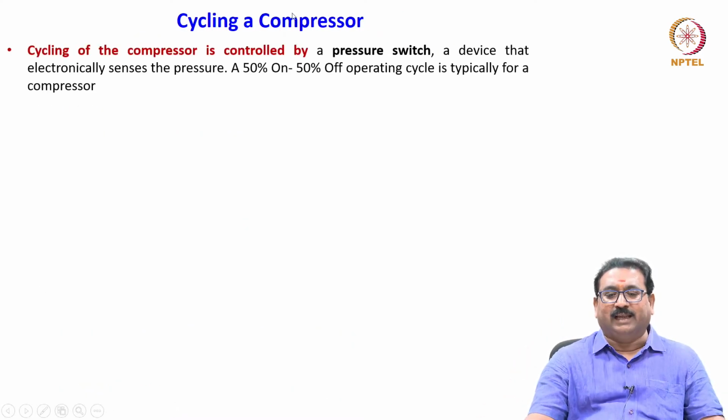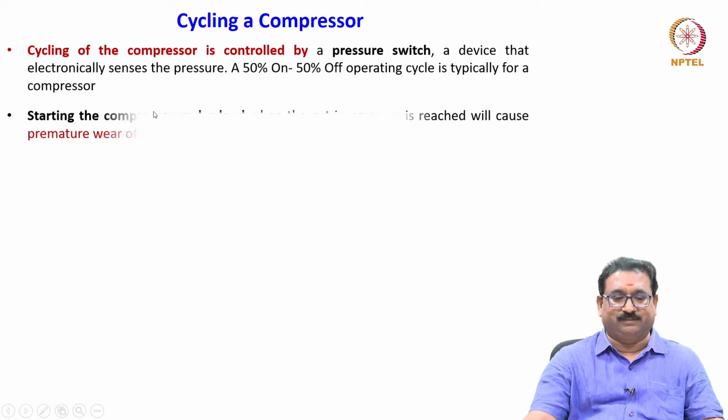So, you will see how cycling a compressor is done. Cycling of the compressor is controlled by the pressure switch, a device that electronically senses the pressure. A 50% on and 50% off operating cycle is typical for the compressor.